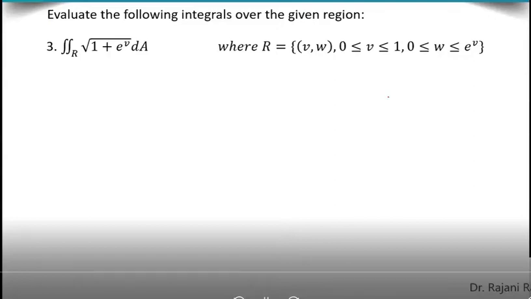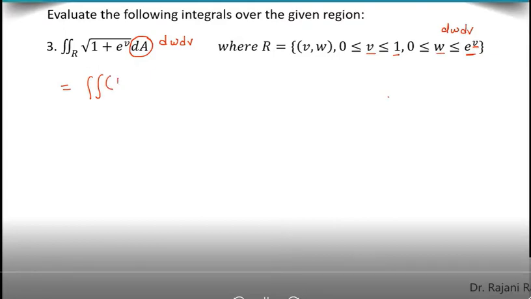this integral. So as we have seen in previous integral, the order of integration here, as the limit of v is from 0 to 1, which is constant, limit of w is from 0 to e power v in terms of v. So the order of integration in this case is dw dv. So let's integrate it. So when we start integrating, it will be square root.